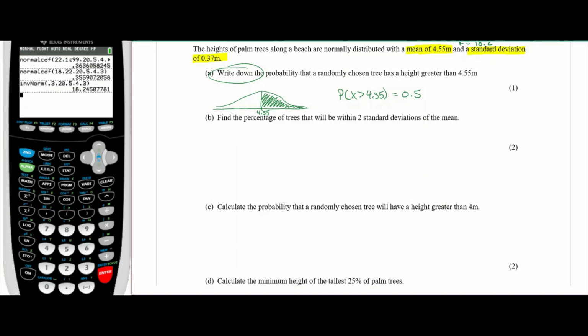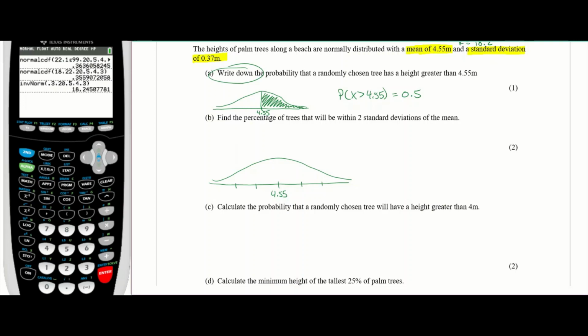The second question is reliant on the idea of standard deviations. Again, our mean is 4.55. It's asking for the percentage of trees that can exist within 2 standard deviations of the mean. One thing to keep in mind is you could go 2 standard deviations to the right and you'll be within 2 standard deviations of the mean, or you could go 2 standard deviations to the left and you'll still be within 2 standard deviations of the mean.